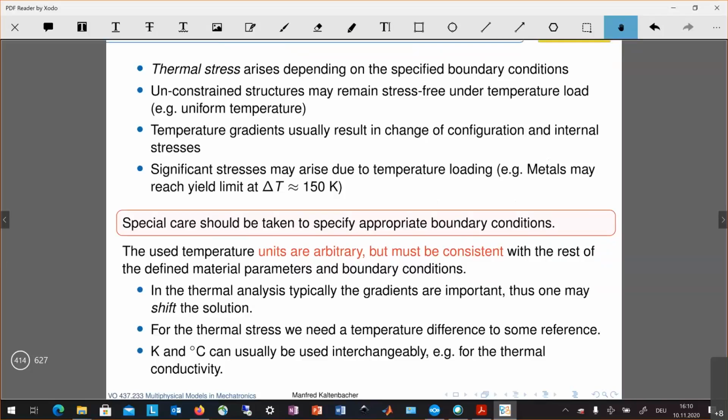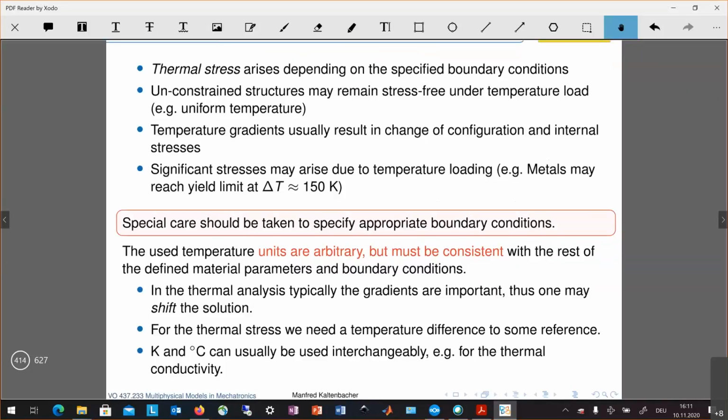So we will see again in 2 weeks, where we will then start with the description of piezoelectric materials, which are heavily used for sensors and actuator applications. And we'll discuss there how the electrostatic field couples with the mechanical field via an extended Hooke's law.